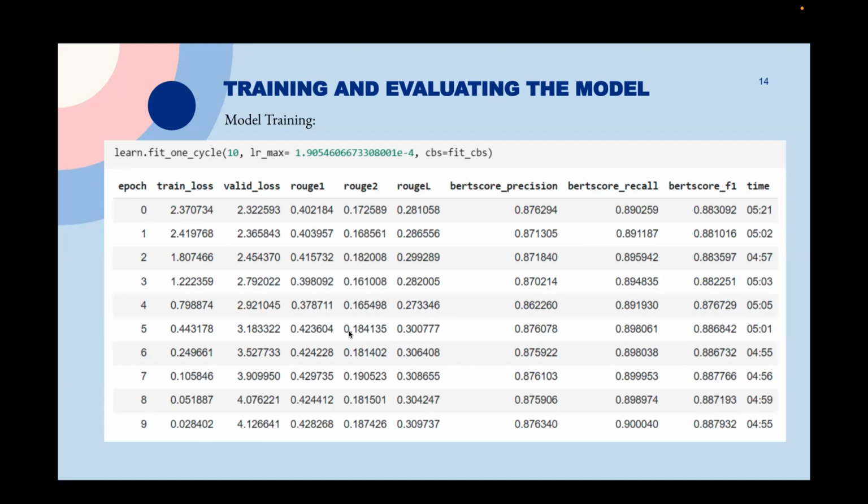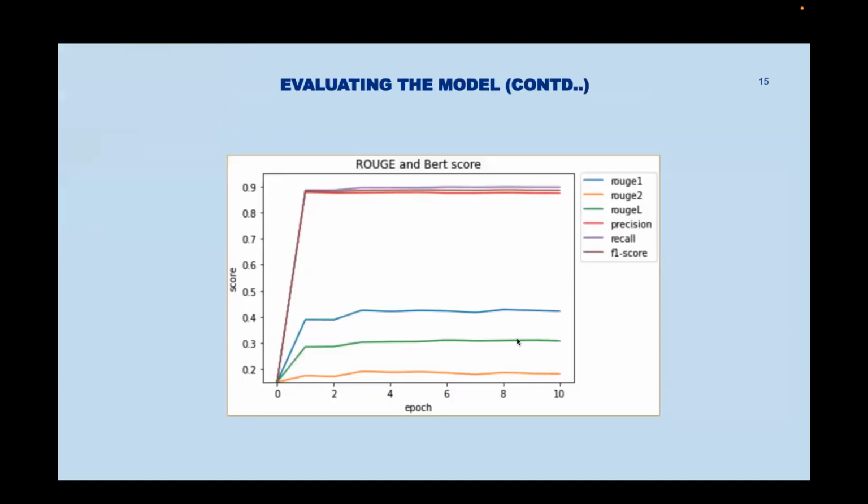Once the configuration is done, we freeze our model so that the last layer group parameters are trainable. After that, we generate the predictions and test the results of the predictions or summary that is given by the trained model. You can see the evaluation of the models in the graph shown.